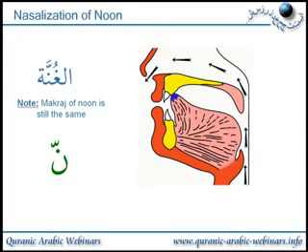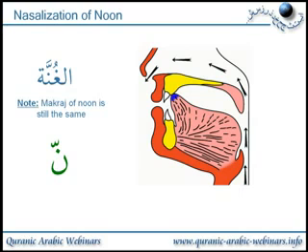So in terms of our makharij diagrams, when we're talking about the noon mushaddad, the makhraj is exactly the same. Our tongue is still where we would normally put it for the noon, and we've covered that in previous lessons on the makharij.